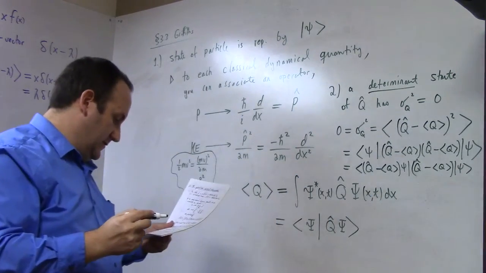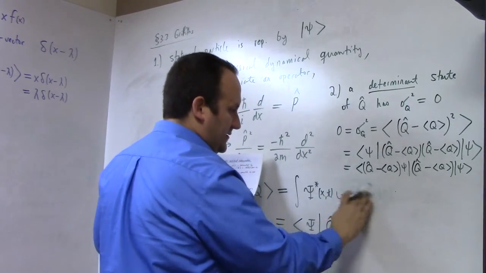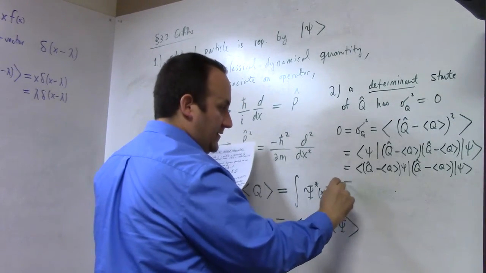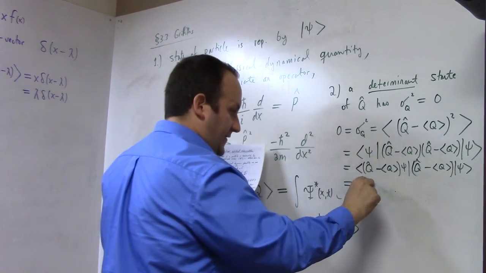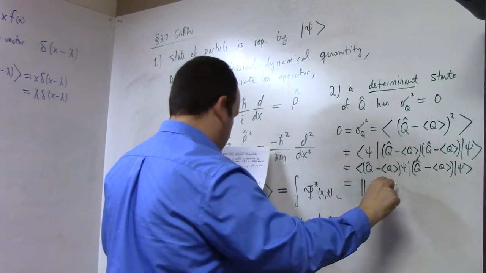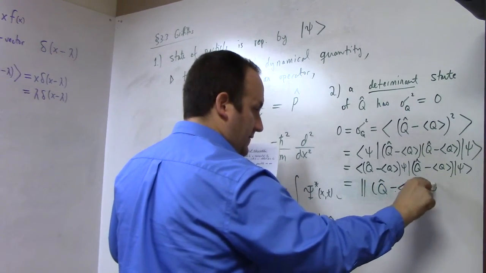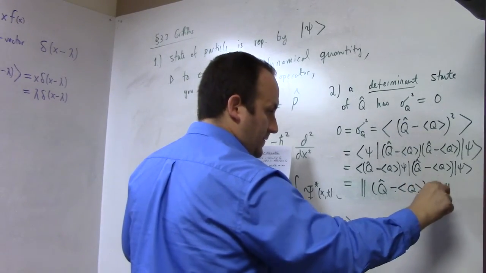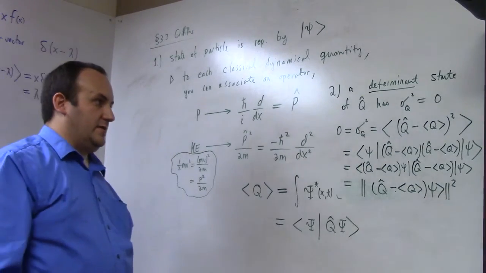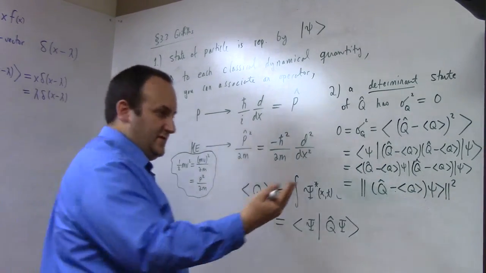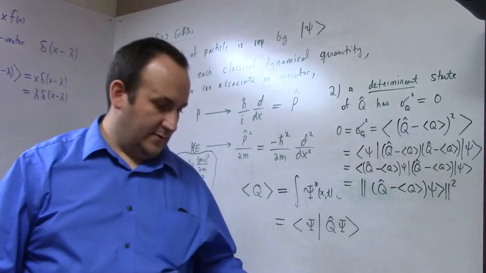What we got then is exactly the length of the vector Q hat minus the average of Q, on psi, squared. So a determinate state forces this to be 0. What does that say about that vector? Remember? What do we get?